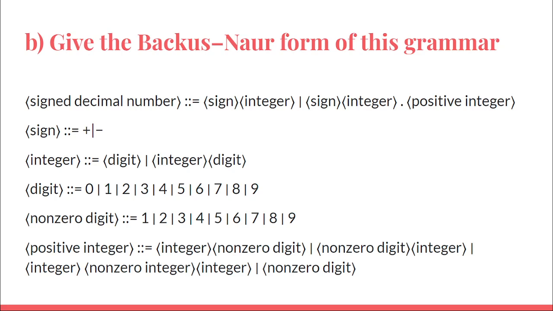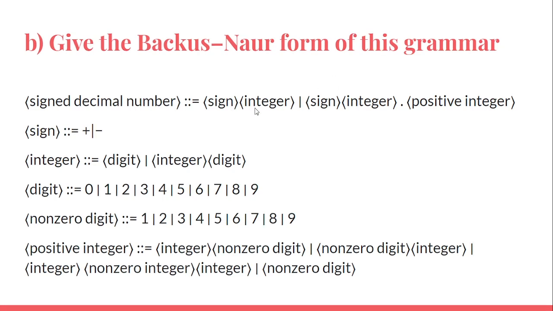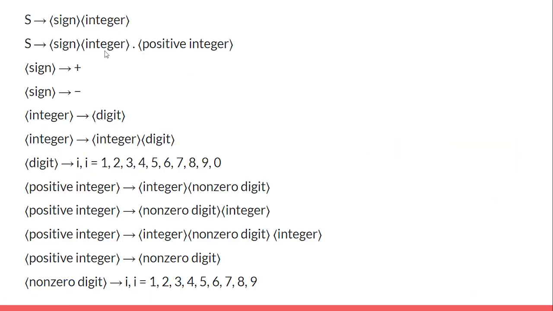If we have multiple replacements, or we can replace it with multiple symbols, then we separate them by using this OR operator. So we have to convert the previously given grammar into Backus-Naur form.